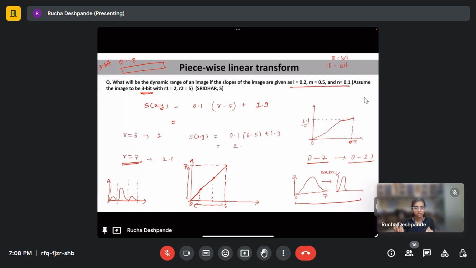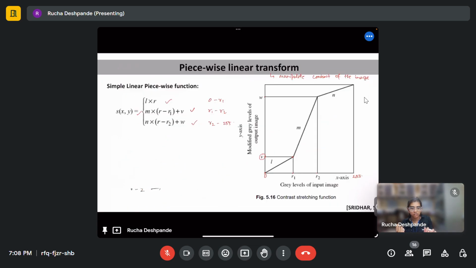And one more thing, madam, if the 8 by 8 bit data is given, then how to find the kernels for, in the previous example, in the assignment number 3?